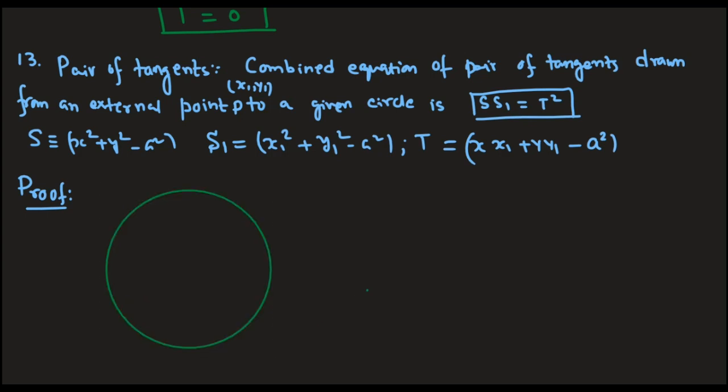Now we draw the two tangents from the external point, so there is tangent 1. Next, another tangent is there, which looks like this.